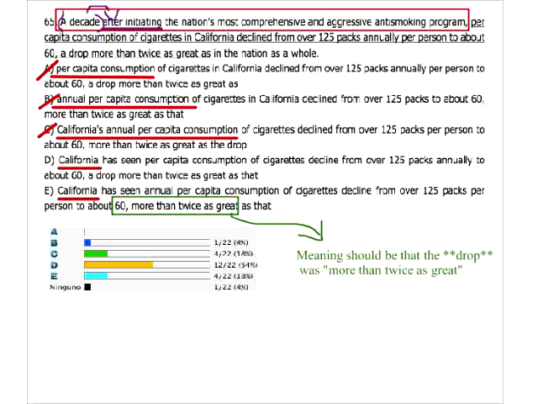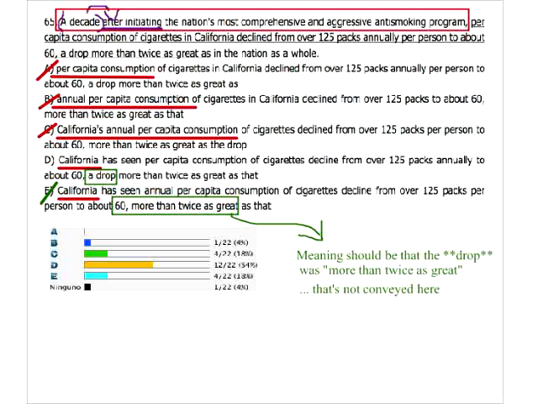That's not conveyed here, because this choice makes it look like 60 is more than twice as great as something. Whereas this is explicit about the fact that the drop is more than twice as much. So, there you go. That's one error there.